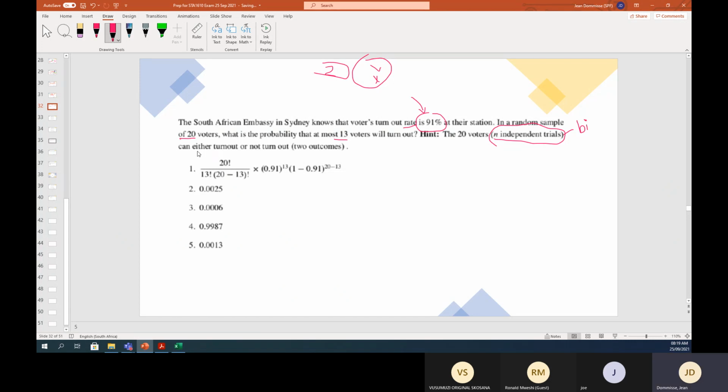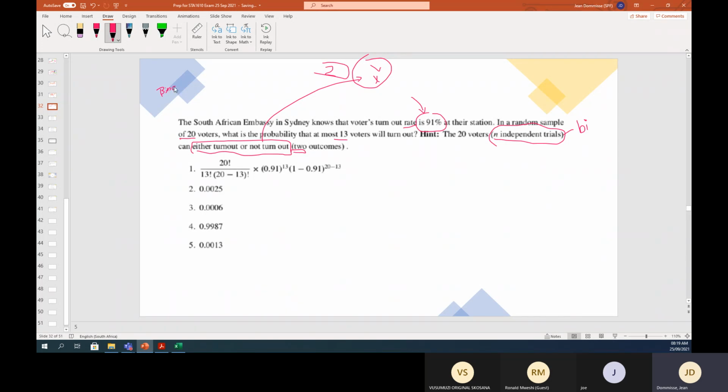Can either turn out or not turn out. Okay, so that is nearly the link to that, and they tell us also in this one it's two outcomes. And there is no time associated with this, so this is a binomial distribution.